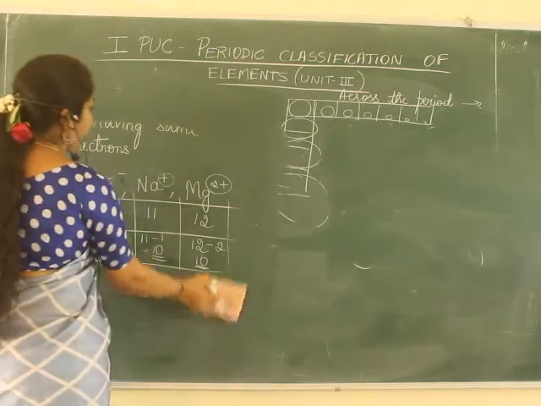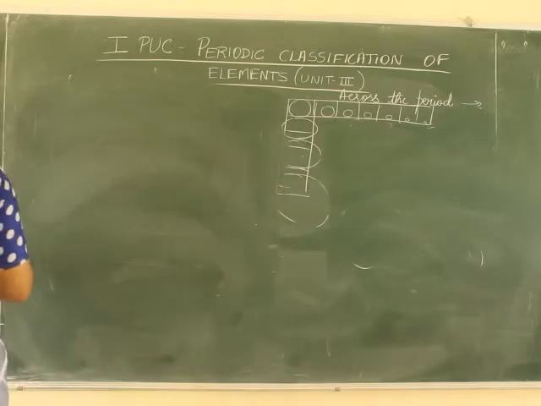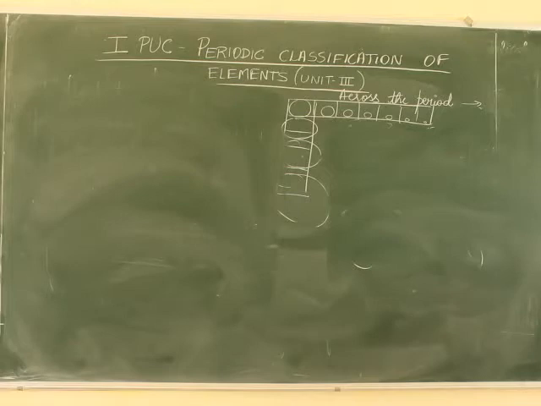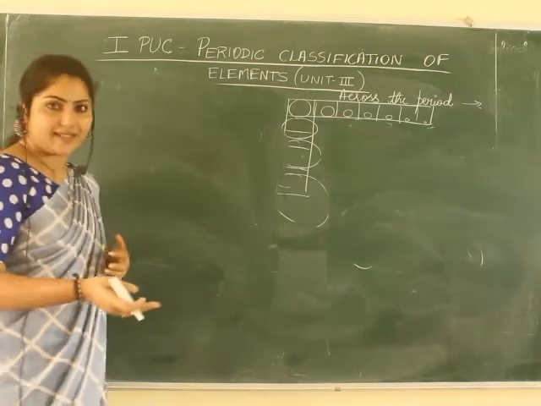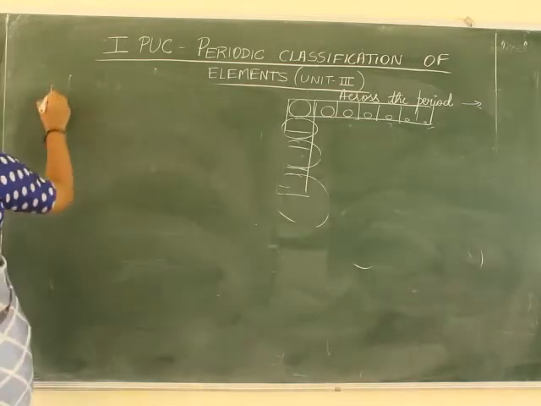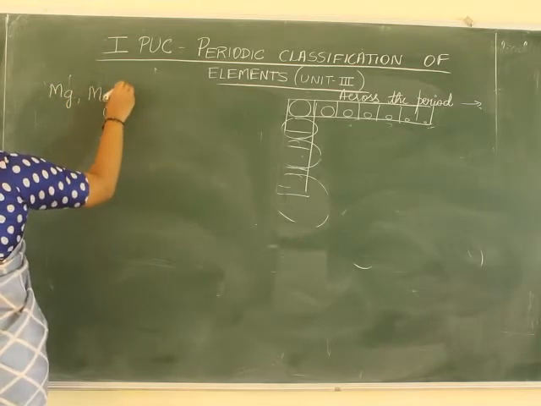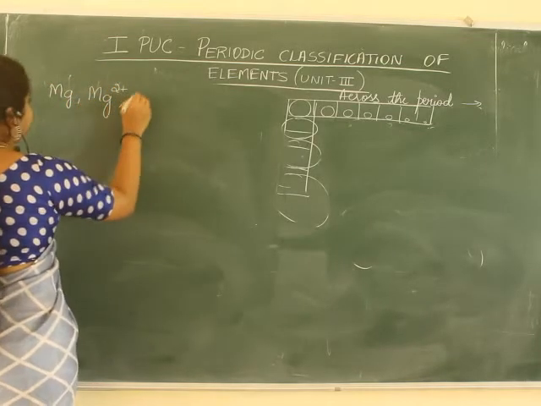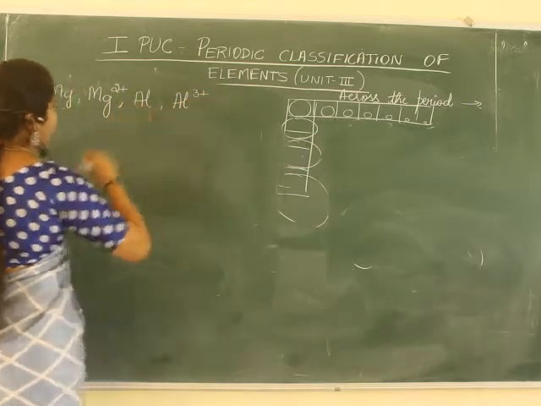They can ask you a question based on the size of cation and anion also. So one in-text question that has been solved here is: which of the following species has the smallest and largest size? Mg, Mg2 plus, Al, Al3 plus are given.